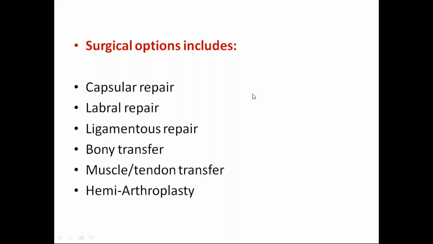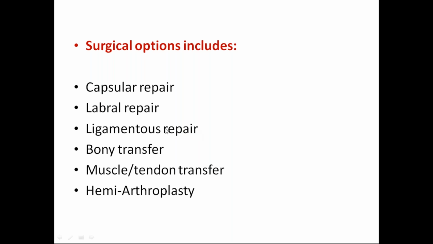Surgical options include repair of the capsule, and also glenoid labral repair. In case of Bankart's lesion, there is an injury to the anteroinferior portion of the glenoid labrum. So in that case, Bankart's repair is mainly helpful. That is nothing but labral repair.